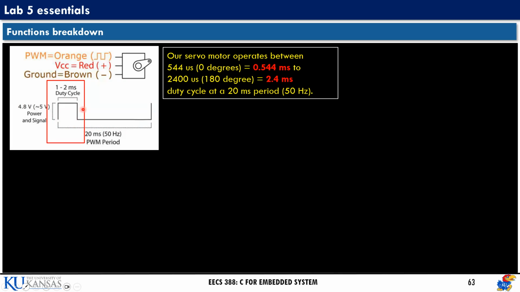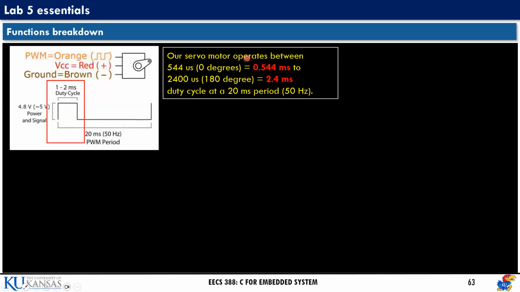Now, our servo motor only operates between 1 to 2 millisecond. So to work with our servo motor, we can't use a 50% duty cycle. We have to use a 10 to 20% duty cycle. That means we have to create a clock period where only 10% to 20% of the time it is on, and the rest of the time it is off.